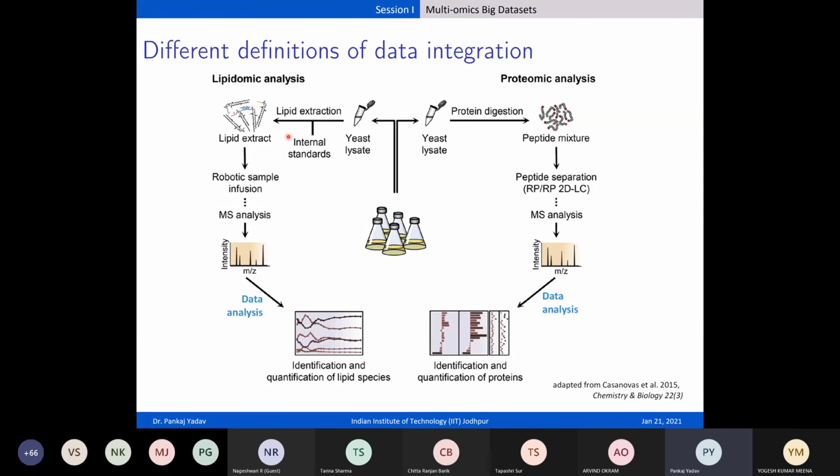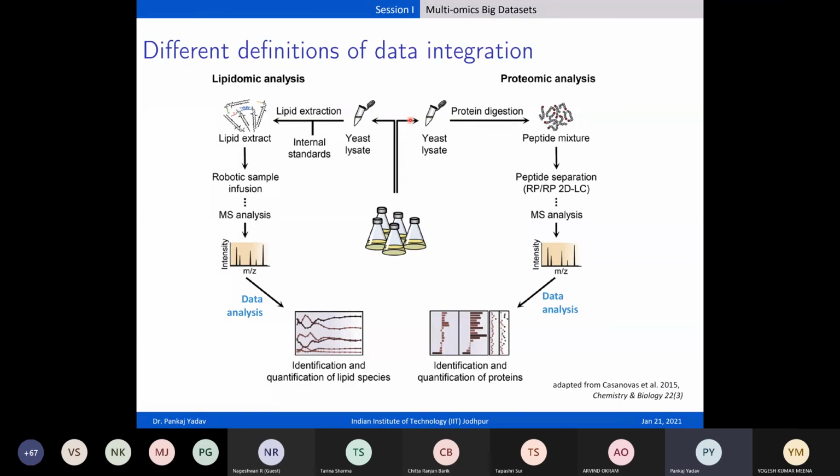Your aim is focused on getting the lipid profile, so you do the lipid extraction and perform mass spectrometry analysis, and then you get the spectrum or lipid profile in a given sample. So you basically draw this graph to identify and quantify which lipid species are expressed in this sample.